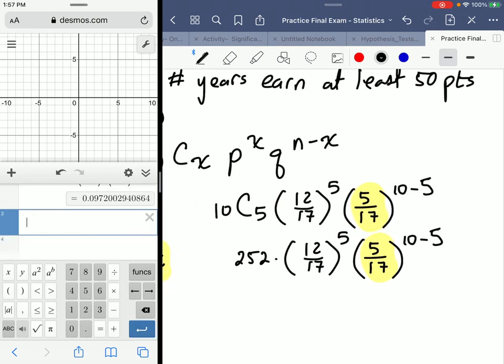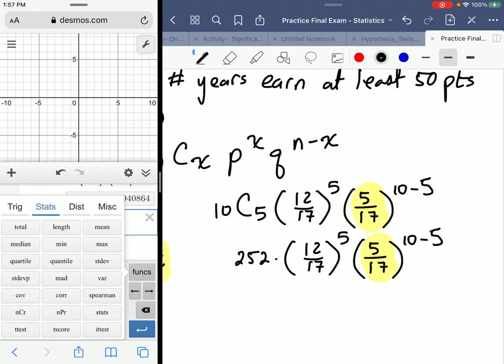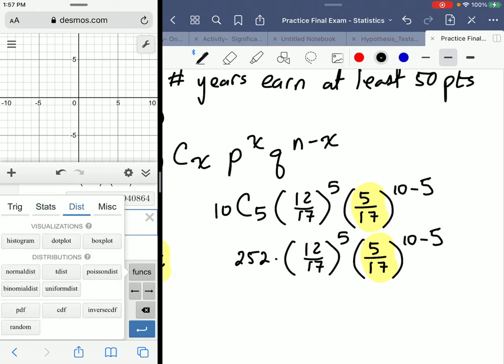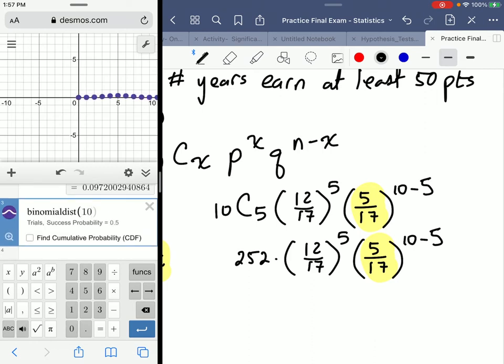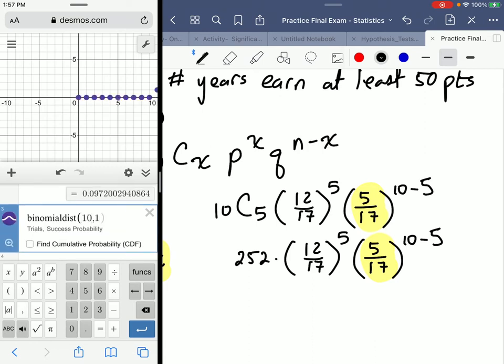You could go into distribution and select binomial dist. You would have trials and success probability, that's the n and the p. So 10, comma, 12 over 17.